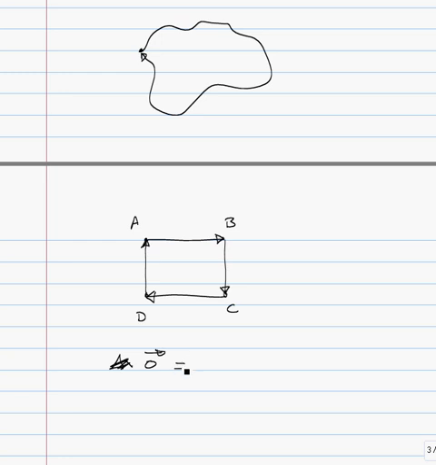This will be equal to my decomposition of my whole displacement, which is position vector AB plus position vector BC, which is perpendicular to AB, plus CD plus DA. So my total displacement in this particular case is 0.